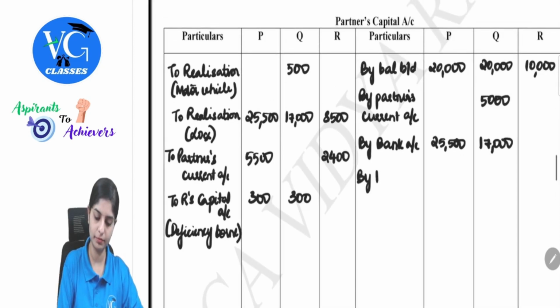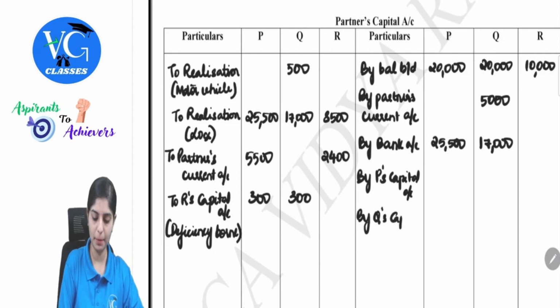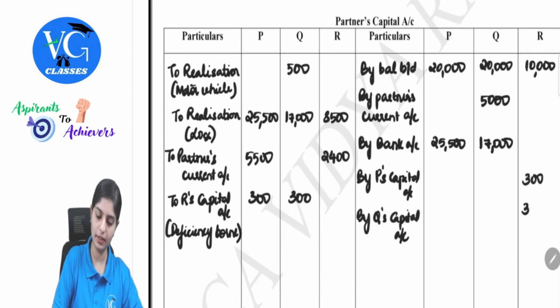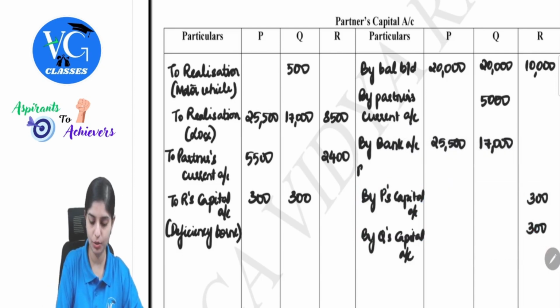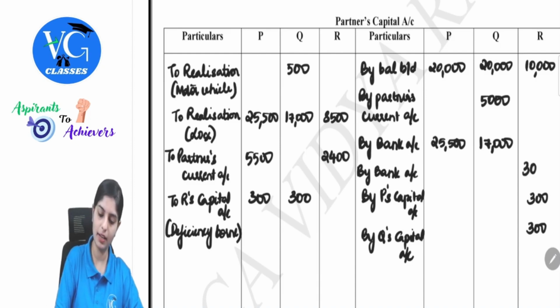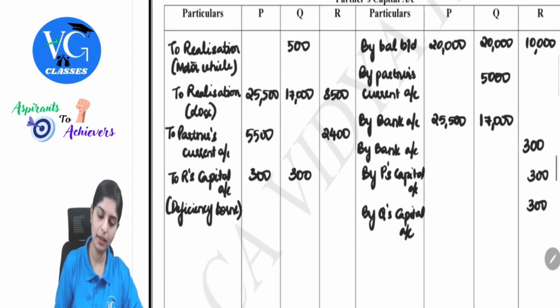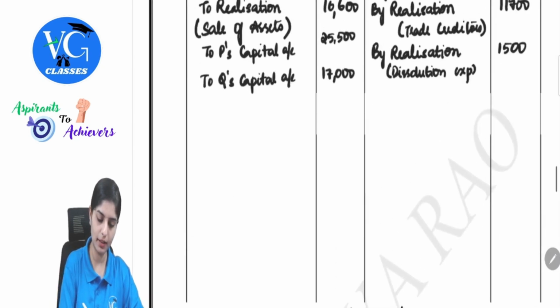Then by P's capital account, by Q's capital account, which is 300 and 300. Remember, there was something brought in by R, brought in cash. So for that also we have to reflect the entry by bank 300 in R's column. So by bank, to R's capital 300.